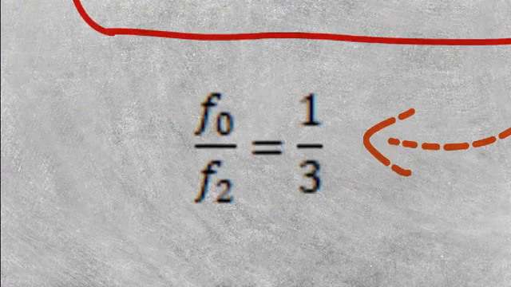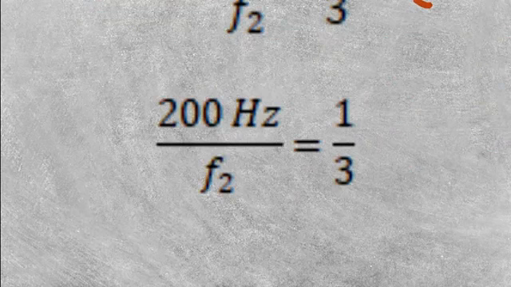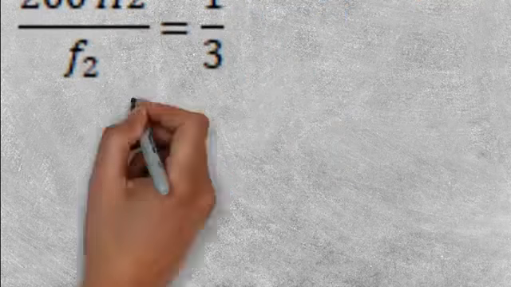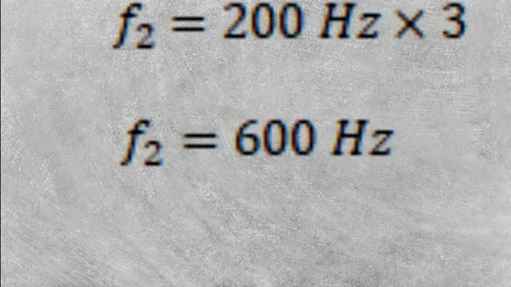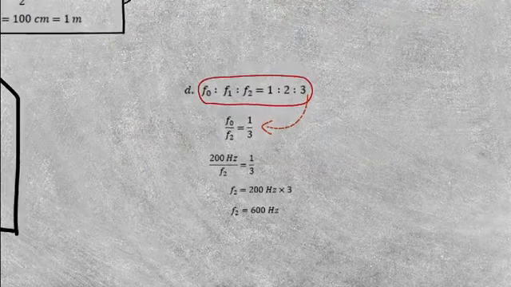So from the frequency of the fundamental harmonic being 1 part, we can count the frequency of the second harmonic with 3 times 200 Hz, where 200 Hz is the frequency of the fundamental harmonic. So the frequency of the second harmonic is 600 Hz.